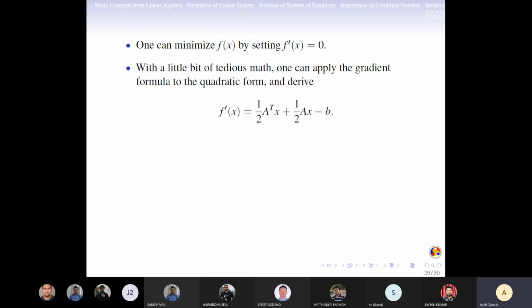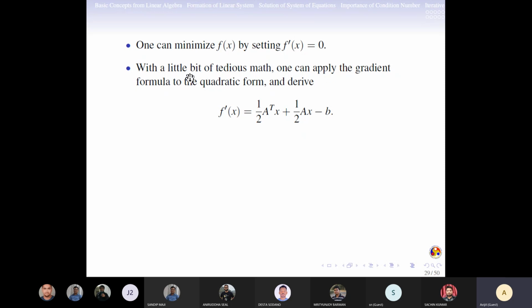Now what we have to do is find the point for which f will give the minimum. To get that, we have to set f dash x equal to 0. That is okay, because for any function, if you want to find the minimum point, you have to put f dash x equal to 0, that is, the gradient of f equal to 0.